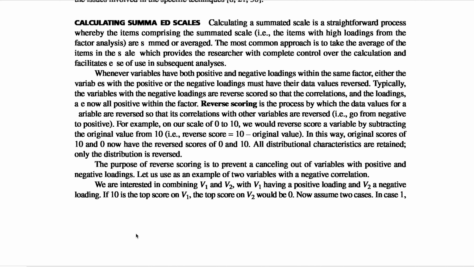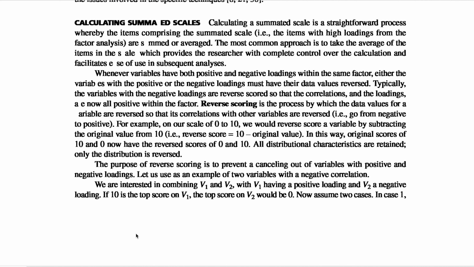In this way, original scores of 10 and 0 have reverse scores of 0 and 10. All the distributional characteristics are retained, only the distribution is reversed. The purpose of reverse scoring is to prevent a cancelling out of variables with positive and negative loadings.